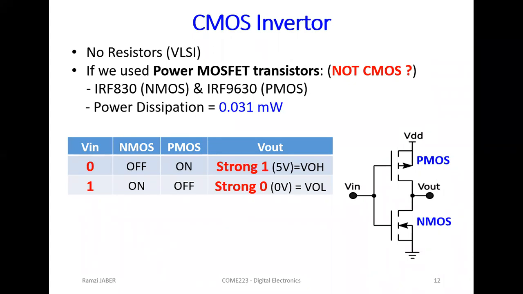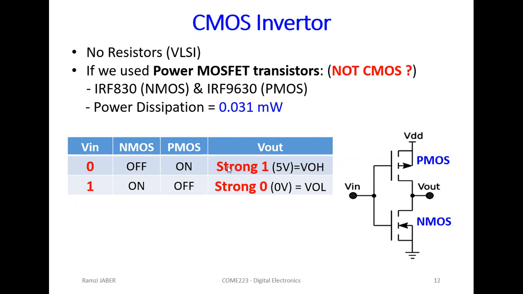That's the big advantage, especially in embedded systems, smart mobiles, and IoT devices. So for input 0, the PMOSFET will work and the NMOSFET will be off, and the output will be connected directly to VDD with a strong 1, 5 volts, equal to VOH.